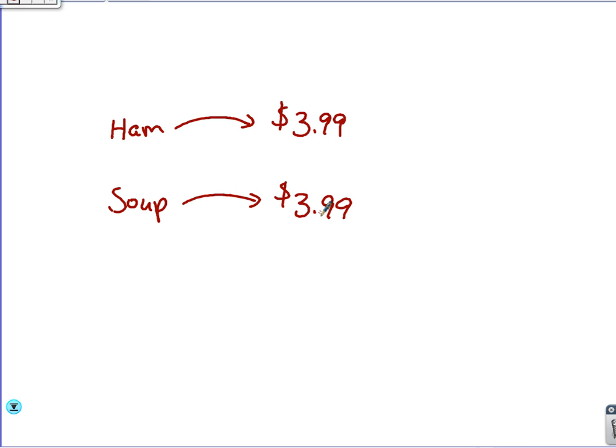That's fine. That's still a function. You're worried more about the inputs. Each input has a single output. You don't have $3.99 and $4.99 for ham. That would not be a function. So a function is a special relationship where each input has a single output associated with it.